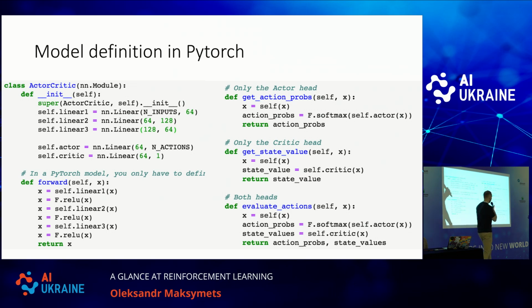After softmax, we have a spread of actions that in sum gives 1. For the state value, it's the same: we run it through our main model, and then through the head that just calculates the state value. So we run both heads. This is the model definition. It doesn't have the loss function definition and so on, but at least it will tell you what the approximator looks like. Any questions here?